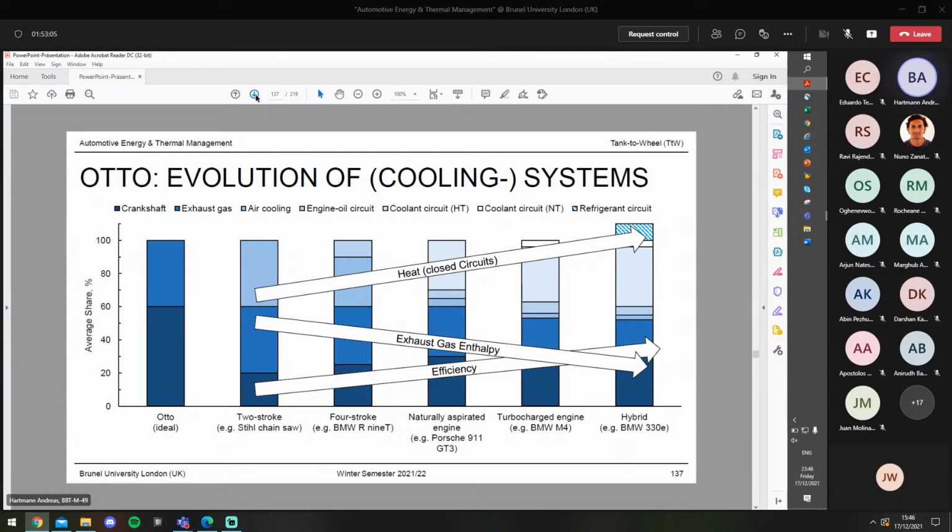So actually, this looks like a contradiction, but how can you explain it? As I said, the waste heat transferred to the coolant circuits becomes more and more, but at the same time, the efficiency increases. So how can this be?